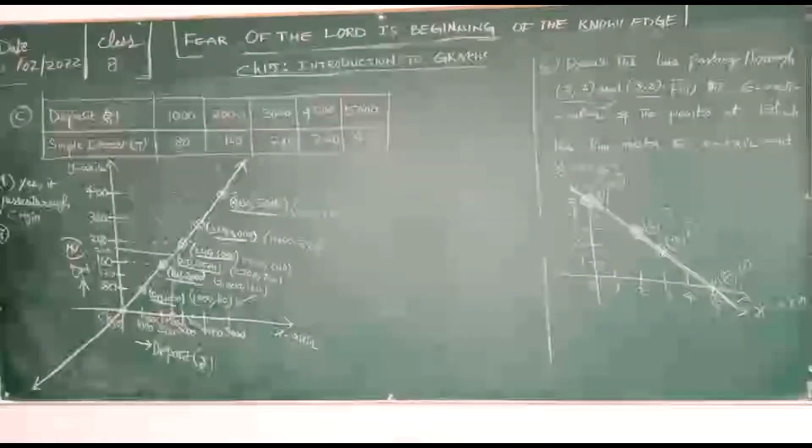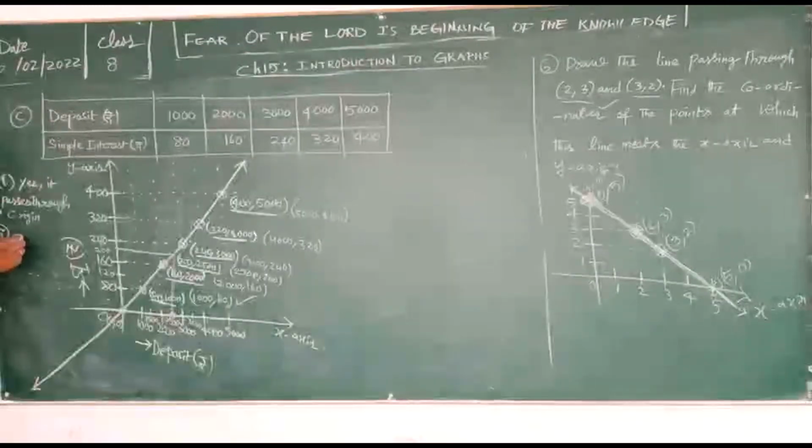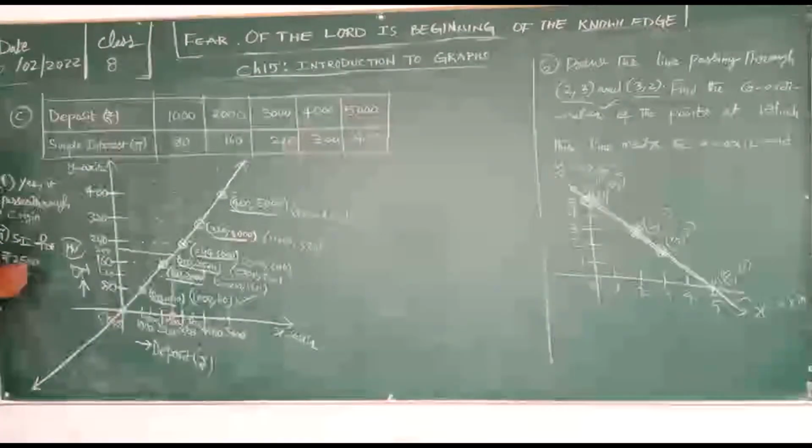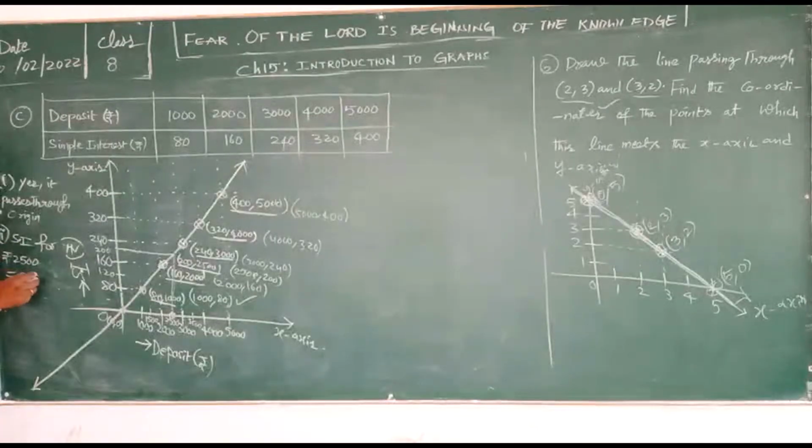I'm going to write: second answer, simple interest, SI, for rupees 2,500 is equal to rupees 200. Whoever wrote rupees 200, that is the correct answer.